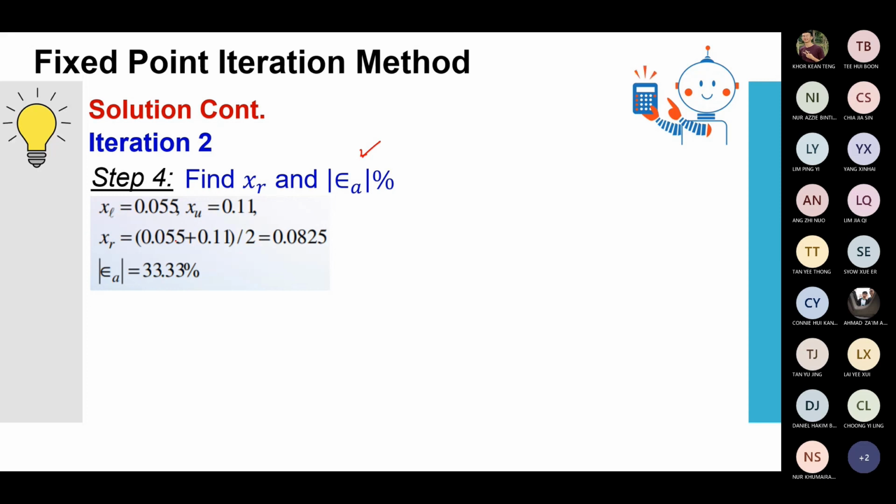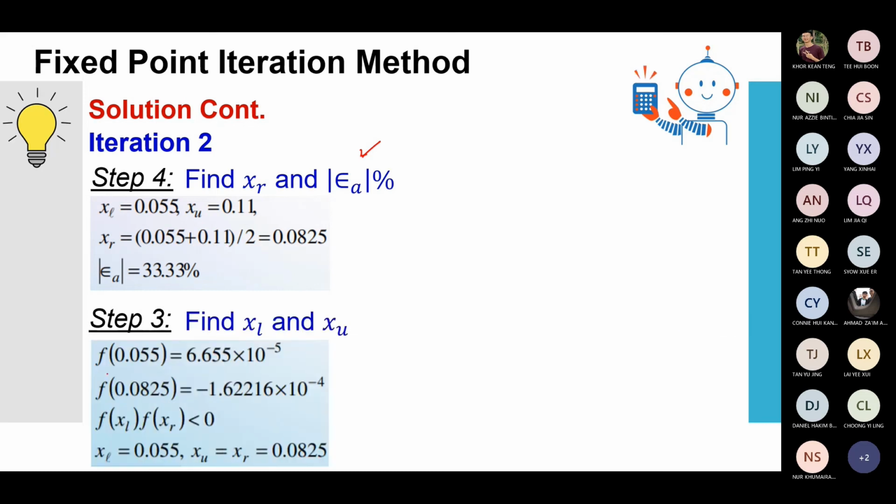All right, now, as we know it is 33%, we go to step 3 to determine the XL and XU, and we check again. When you substitute your new XL and plug it into the function, you get this value, and for the new XR, which is 0.0825, you substitute into the function, multiply, and you get less than 0.